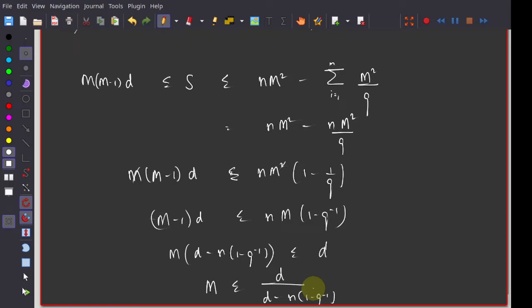Now I have to be careful over here. This makes sense only if d is strictly larger than n into (1 minus q inverse). Otherwise, this right hand side is negative, so it gives me nothing.